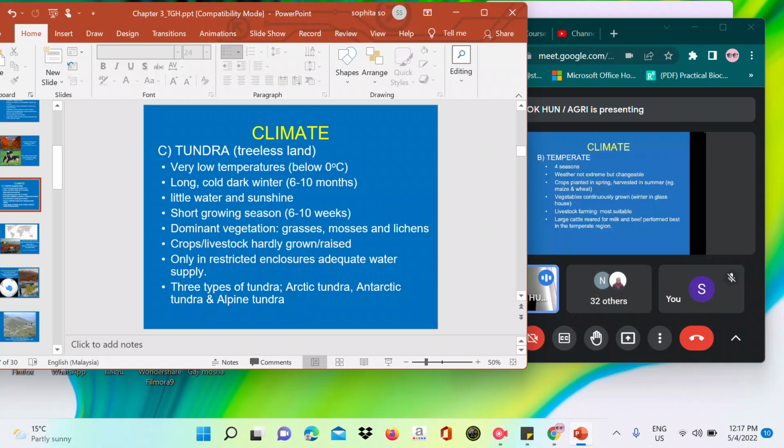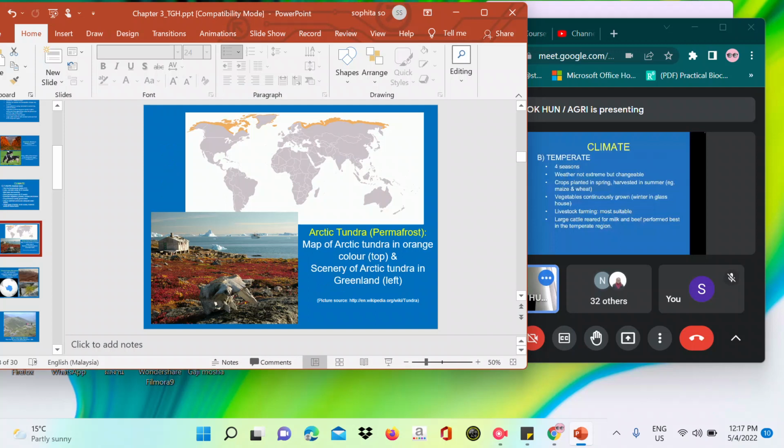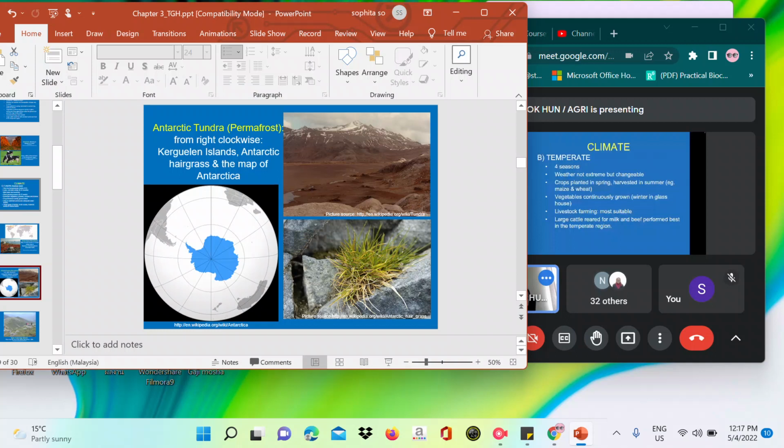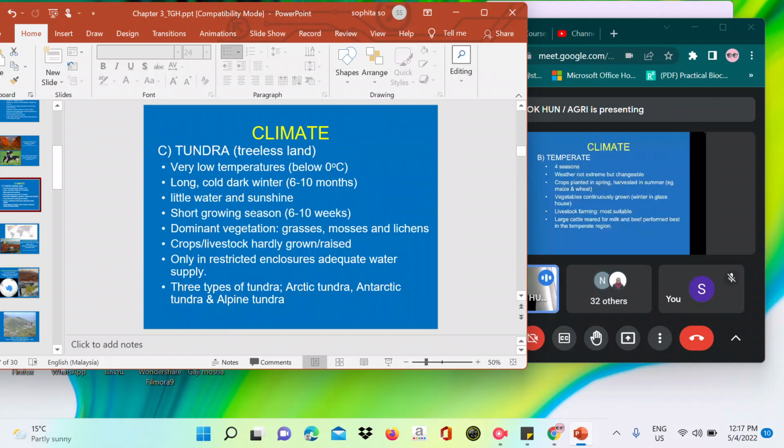They only have restricted enclosed space and also limited water supply. Even though it is very cold, the water supply is very limited. There are three types of tundra: Arctic, Antarctic, and Alpine. This area normally has very little agricultural activity.